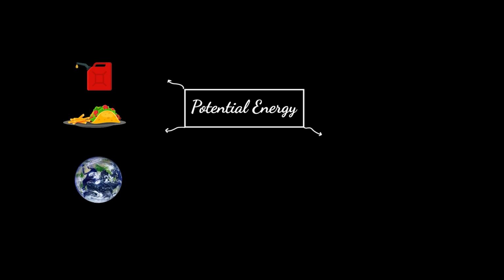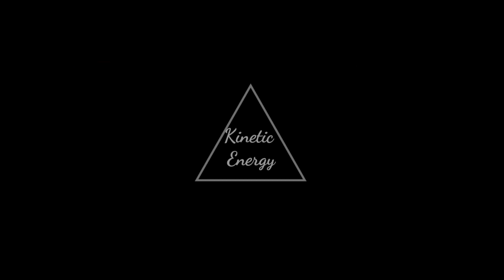We have energy stored in the nuclei of atoms, called nuclear energy. This is used in making explosives or making nuclear reactors. We have energy stored in a spring, called elastic potential energy. These are the forms of potential energy.